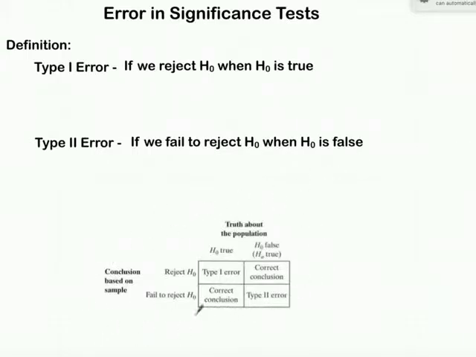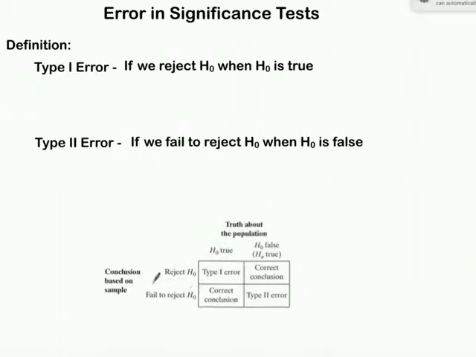So down here is kind of a little table that might be helpful for you. If we reject the null hypothesis when the null hypothesis is true, we have a type 1 error. If we reject the null hypothesis and the null hypothesis is false, or the alternative is true, then we have a correct conclusion. If we fail to reject the null hypothesis, so basically we're saying that we agree with that, and the null hypothesis is true, then we have a correct conclusion.